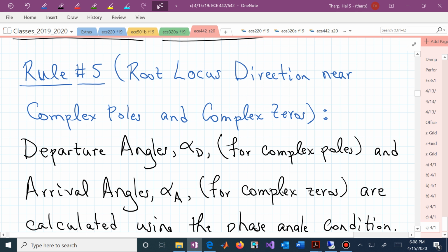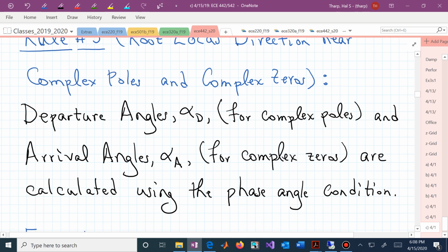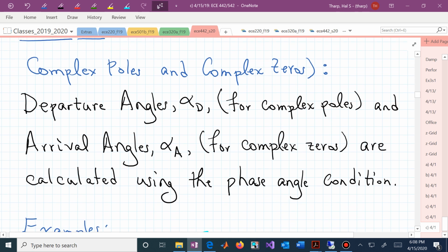Rule number 5 is the direction that the root locus possesses near complex poles or complex zeros. We know the root locus branches start on the poles, so these angles are going to be our departing angles, or departure angles, from the poles.